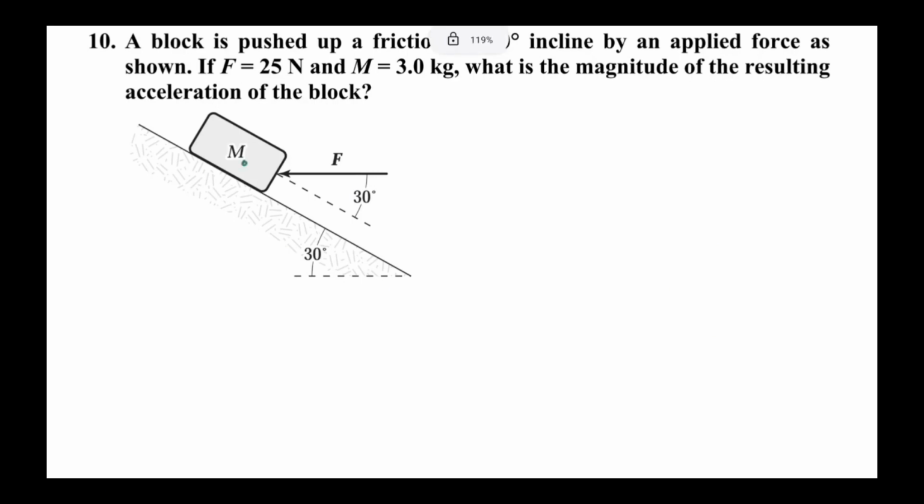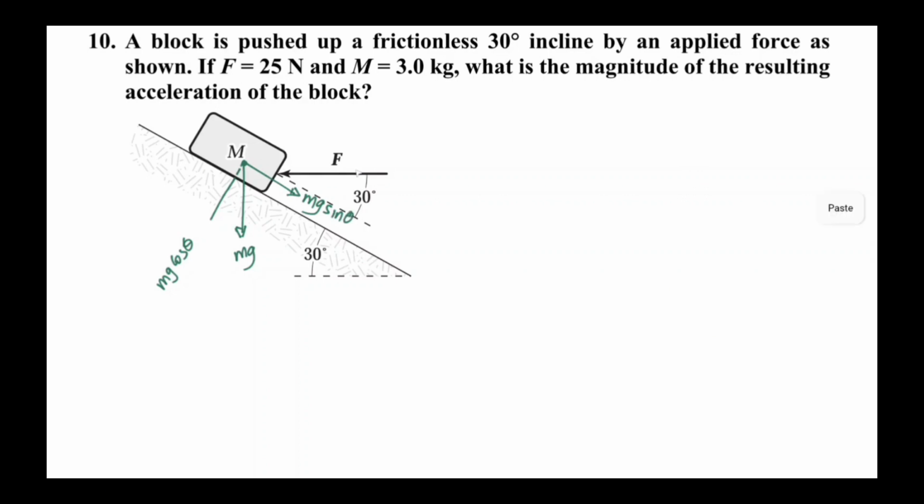Remember, the weight is directed to the center of the earth. This is mg, and we need to analyze the weight. So we'll have mg cosine theta and mg sine theta.